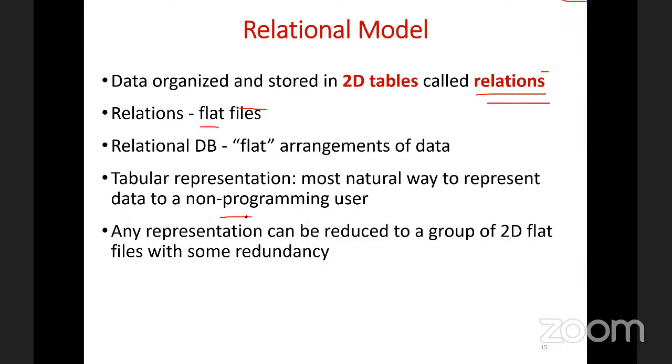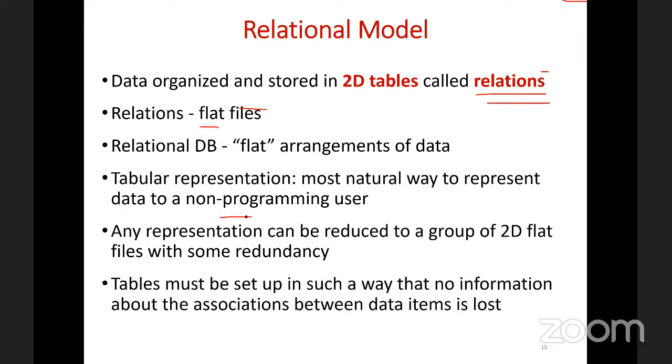Remember, that is why while I was telling you about DBMS, I said there is controlled redundancy. We don't have zero redundancy. Why? Because some redundancy is required, right? By using that redundancy, any representation can be represented in the form of 2D flat files. Now remember, the tables must be set up in such a way that no information about the association between the data items is lost. That is very important to consider.